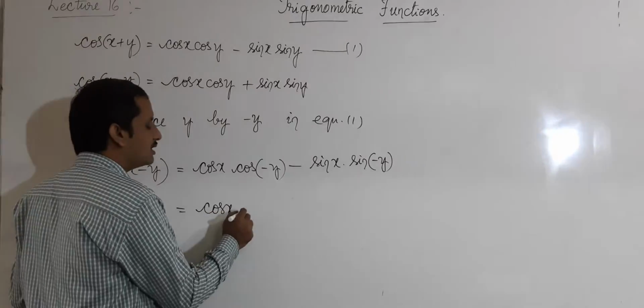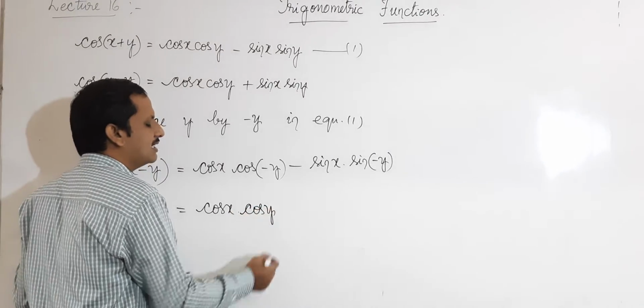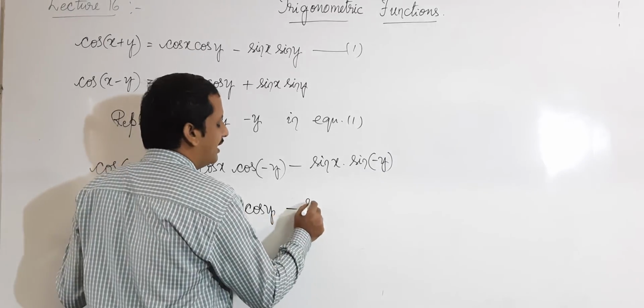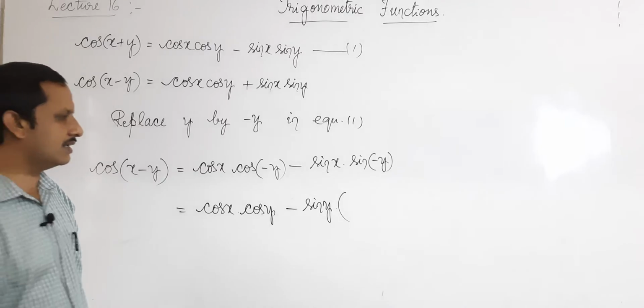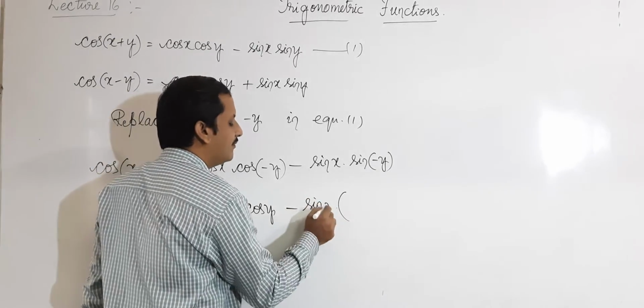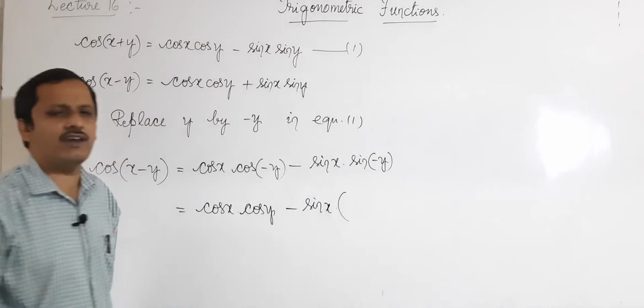This is equal to cos x into cos of minus y. This is of the form cos of minus theta. Cos of minus theta is equal to what? Cos of minus theta is equal to cos theta, that you know the formula. Hence, cos of minus y we can directly write as cos y. Then sin x into sin of minus y.